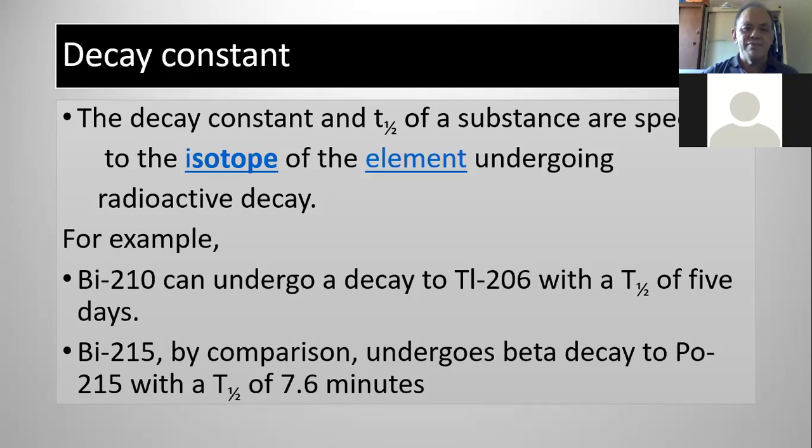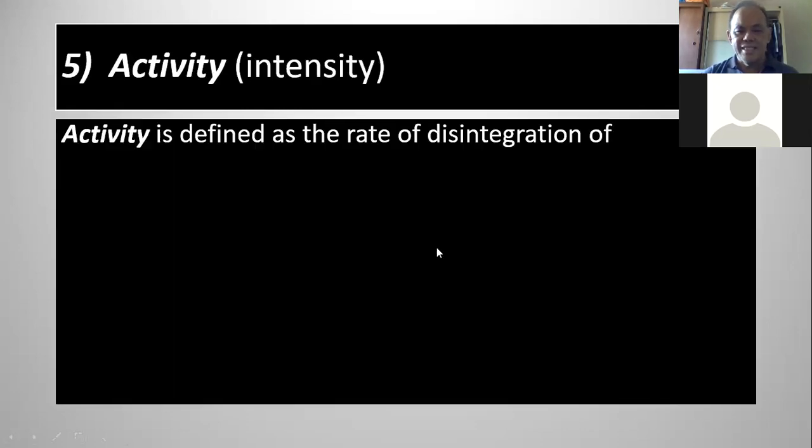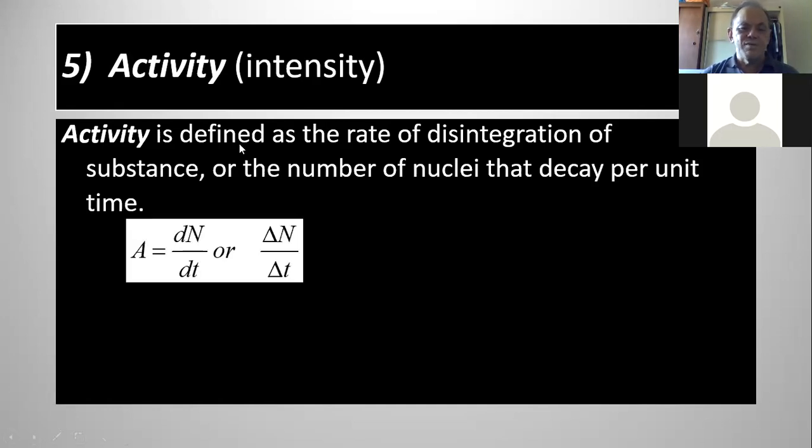And we will introduce half-life in a while. Activity, or sometimes we call it intensity, is defined as the rate of disintegration of a substance, or the number of nuclei that decay per unit time. That's how we define activity.